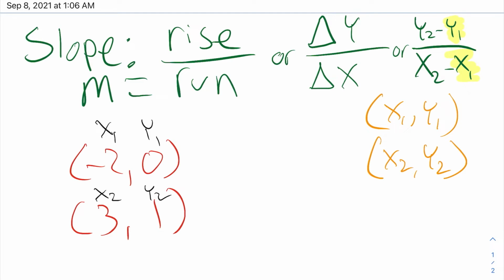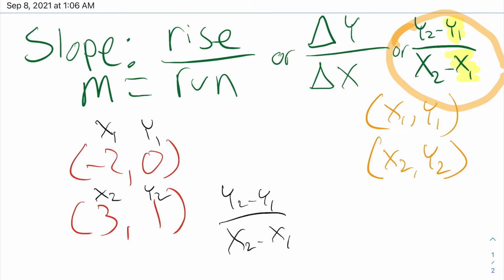All right, so let's start plugging into this equation right here. I should say m equals, because that's my slope. So y2 is 1, y1 is 0, x2 is 3, and x1 is -2.